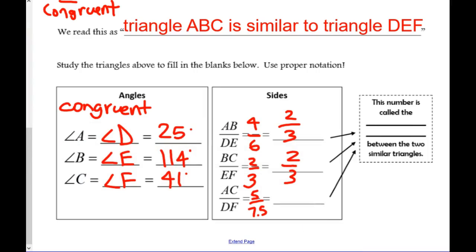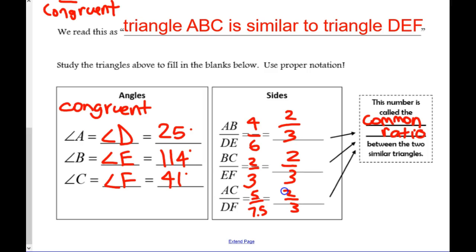Okay, so what do you notice about every one of these fractions? They're all the same. Okay, so off to the right, that means we're going to call it a common ratio. Okay, so 2/3 across the board. So there's a name for this. Now, it's another word for ratio or fraction.